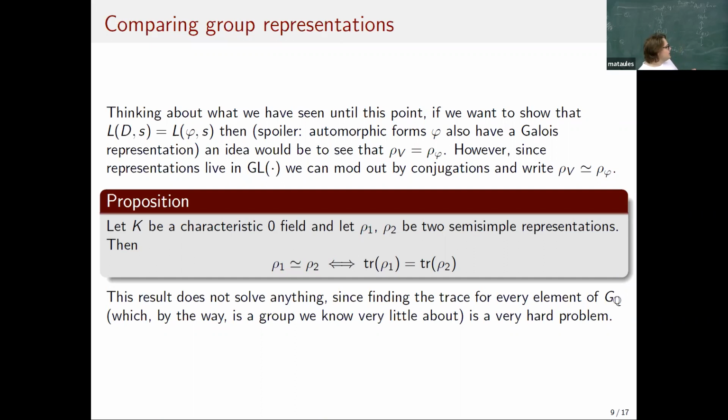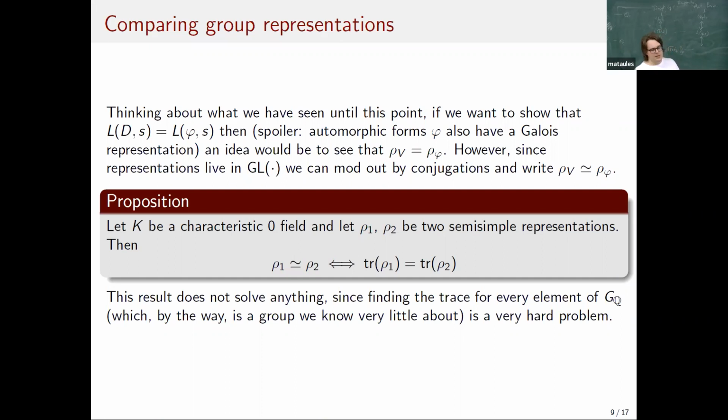But in characteristic 0, if we have two semi-simple representations, then they are equal if the traces are equal. So what we have to think is that, given two representations, comparing the traces is enough in this semi-simple characteristic 0 setting.